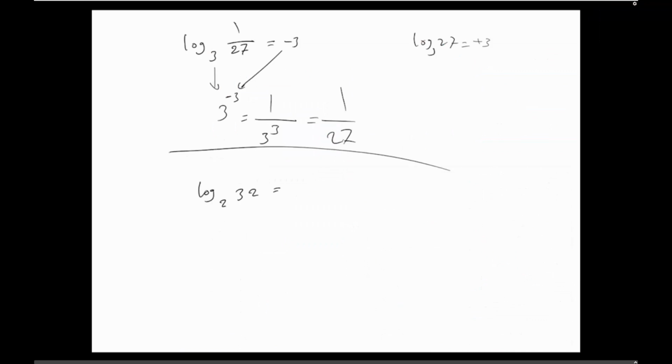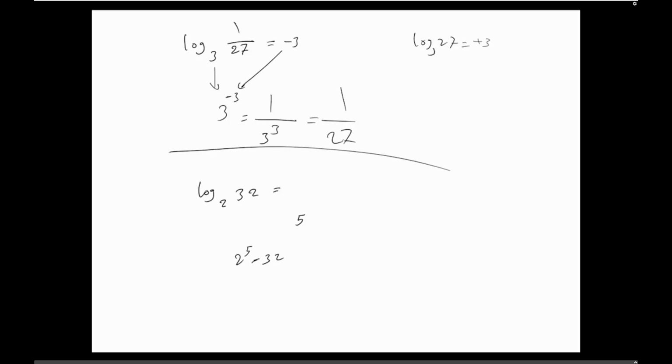What's the value that we put over here, on top of the 2, that's going to give us 32? It is 5, so if we put 2 raised to the power 5, then it's going to give us 32.